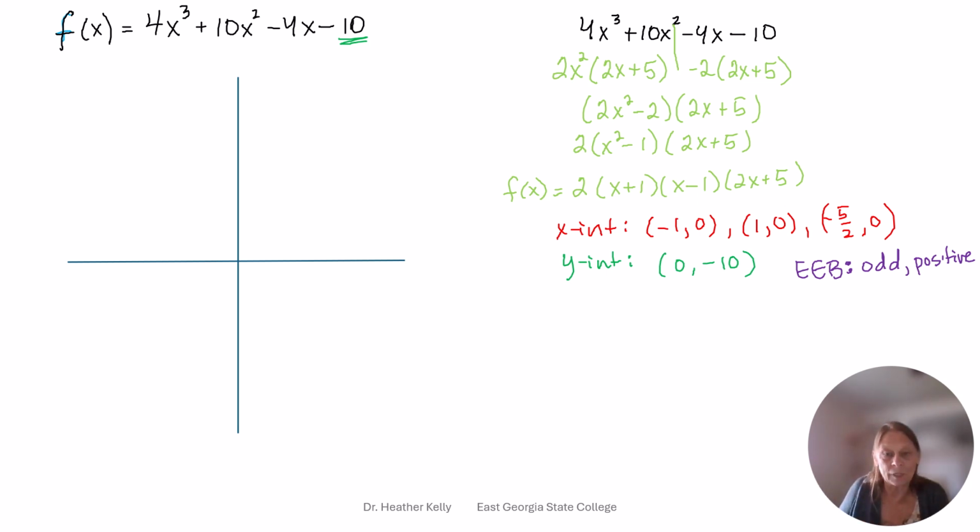Okay, so let's go ahead and graph this. Let's see what we got here. All right, so we have -1, 0, 1, 0, -5/2, 0. That's 2.5.